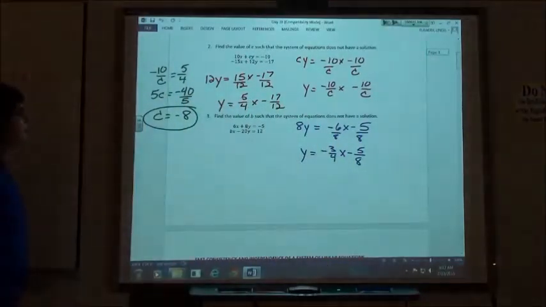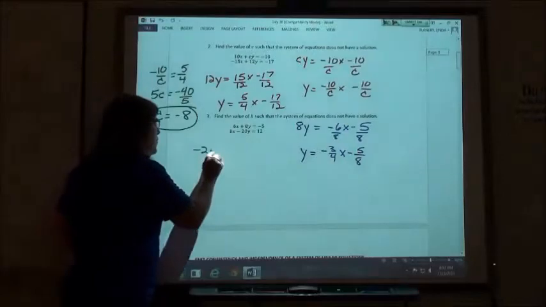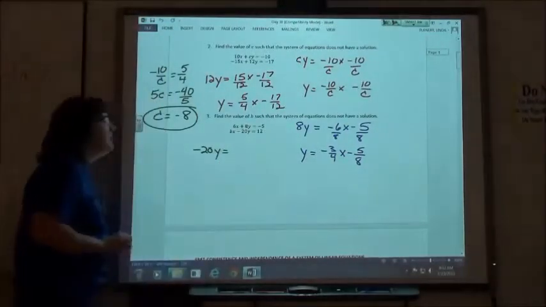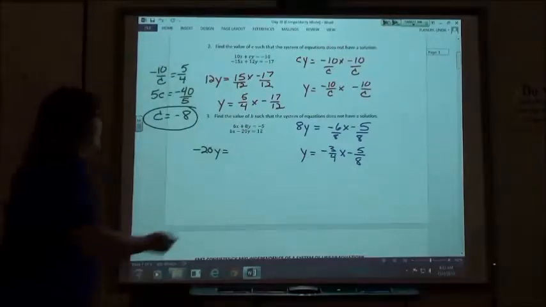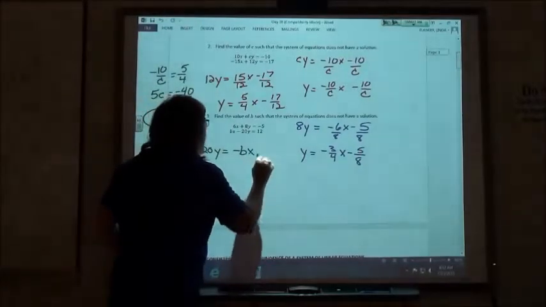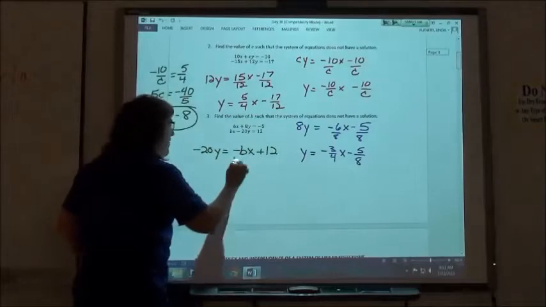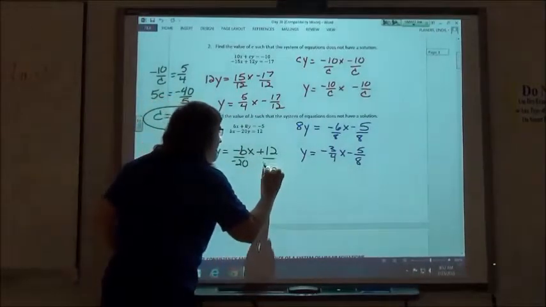On our bottom equation, negative 20y is going to equal negative bx plus 12, and we're going to divide by negative 20.